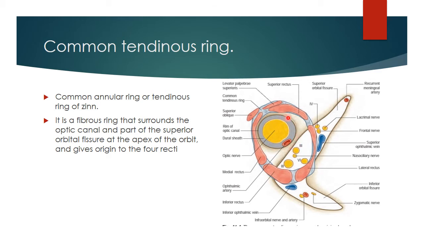This tendinous ring gives origin to all four recti muscles: the superior and inferior, medial and lateral rectus muscles of the eye take origin from this tendinous ring.